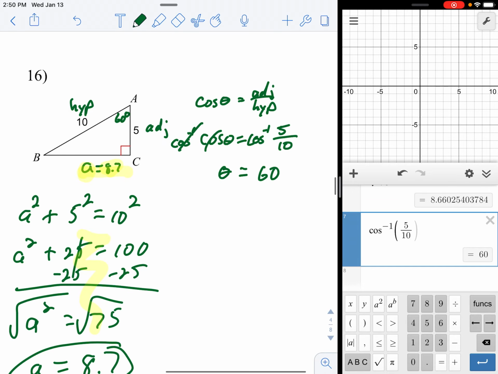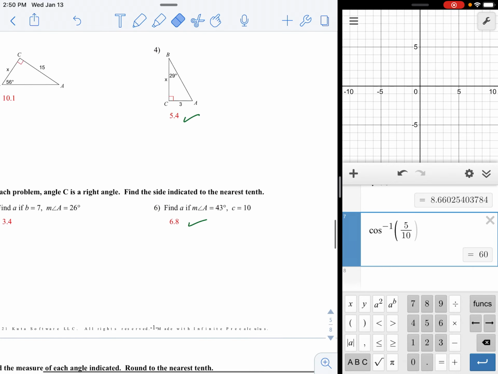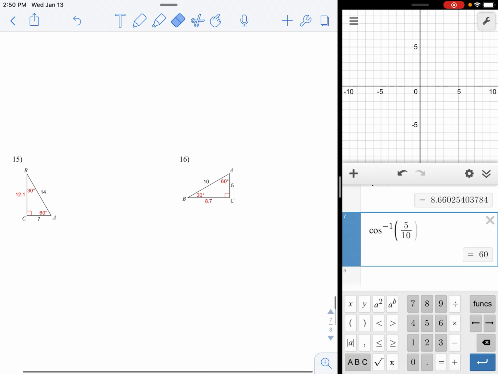Now to find the other angle down here, angle B, that's pretty easy. The measure of angle B is just going to be 90 minus 60, which is 30 degrees. So my answers are 8.7, 30 degrees, 60 degrees. Let's check number 16, see if I'm right.